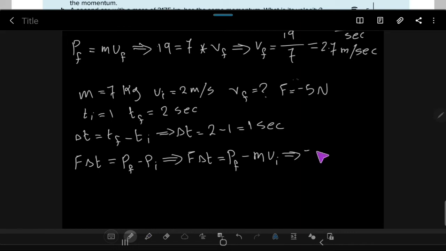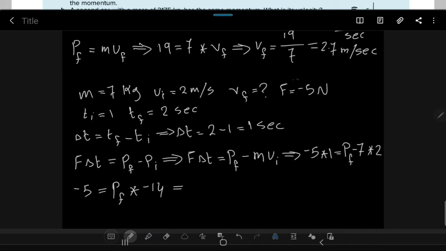So -5 multiplied by 1, this is the time, equal to P final, we need to find it, minus the mass, which is 7, multiplied by 2. So -5 times 1, that's equal to -5, equal to P final minus 7 multiplied by 2, that's equal to 14.